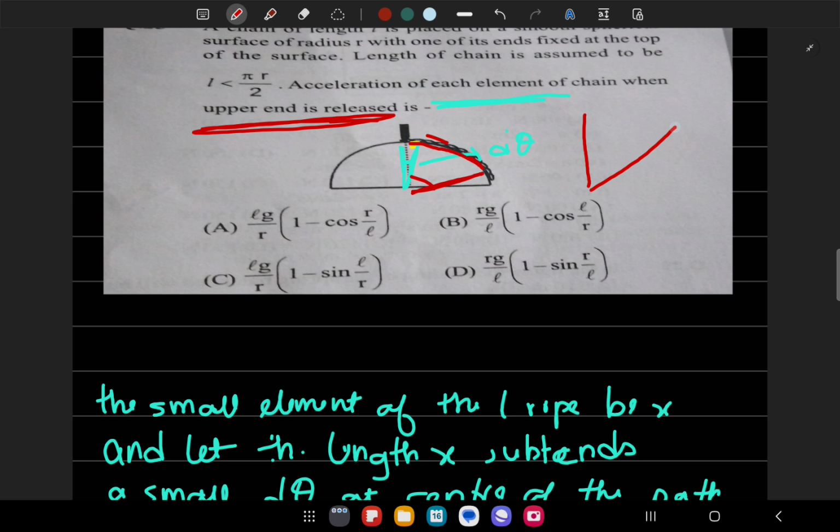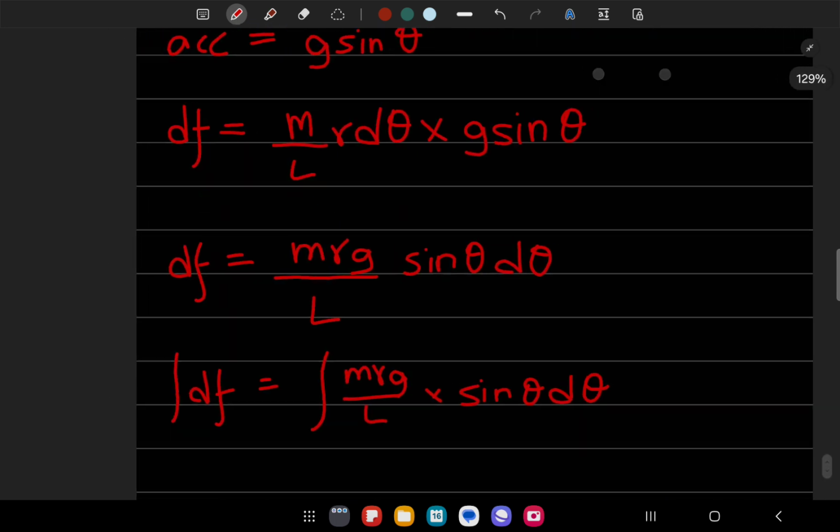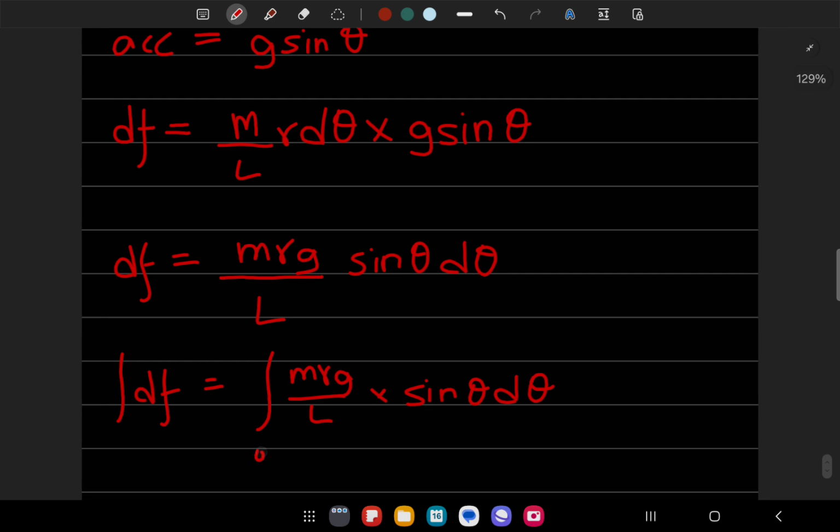Just after release it moves a negligible distance, so it is just starting to move. The limits run from 0 to theta.